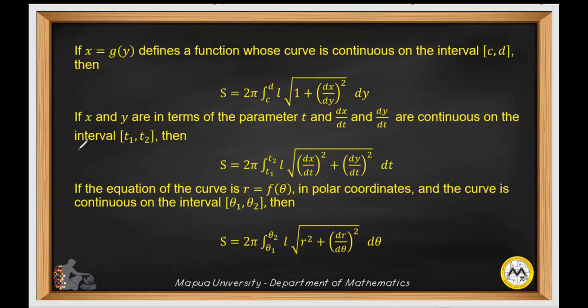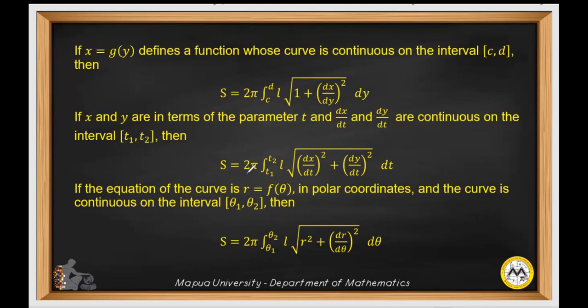Now, if we have parametric equations, x and y in terms of the parameter t, then we need to find the derivative of x with respect to t and the derivative of y with respect to t. We have to make sure that it is continuous within the interval from t1 to t2.